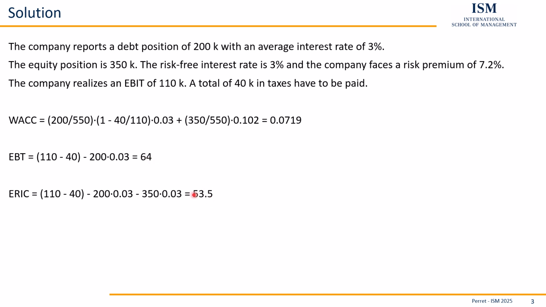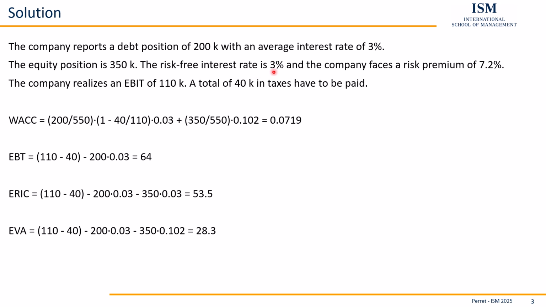Well, it's usually smaller, except if we have a risk-free interest rate of 0 or -1, because we consider the cost of equity here as well. Well, that's then the difference between ERIC and EVA. EVA is even more conservative in this regard. It does not only consider the risk-free interest rate, it also considers the risk premium.